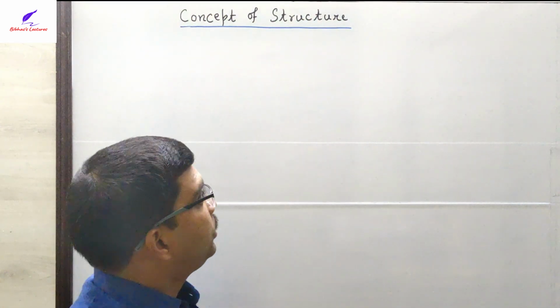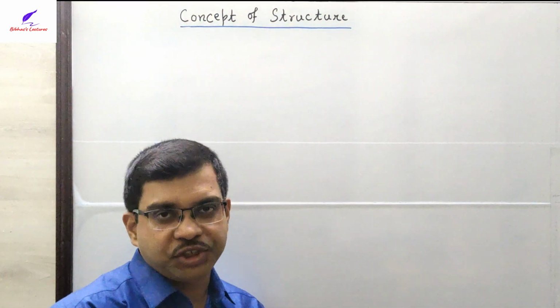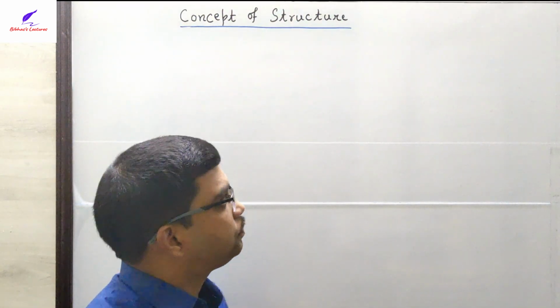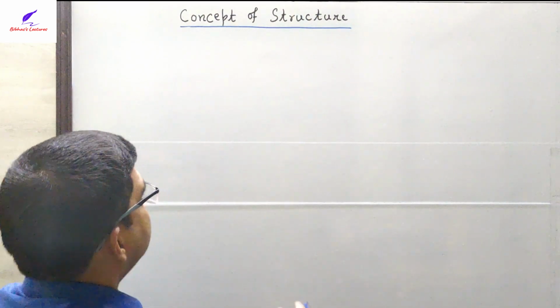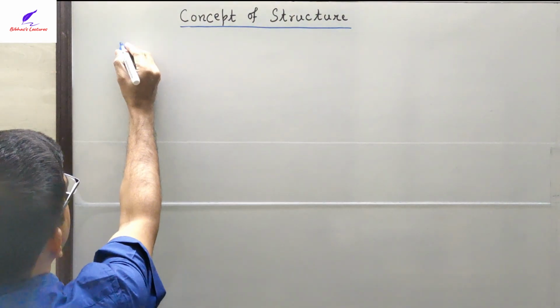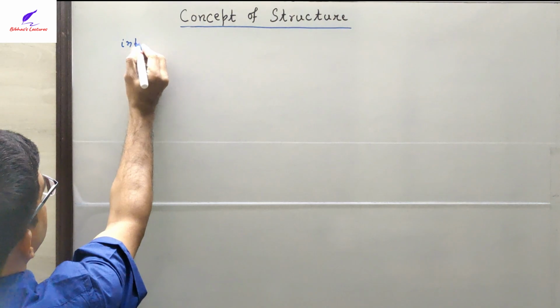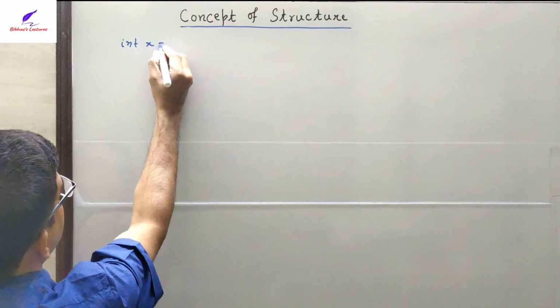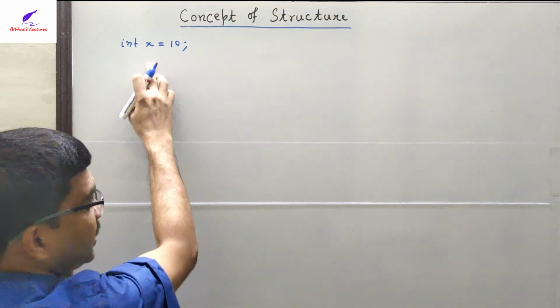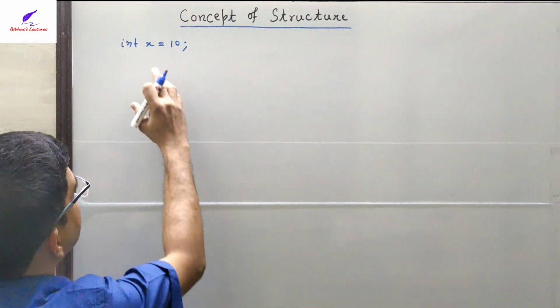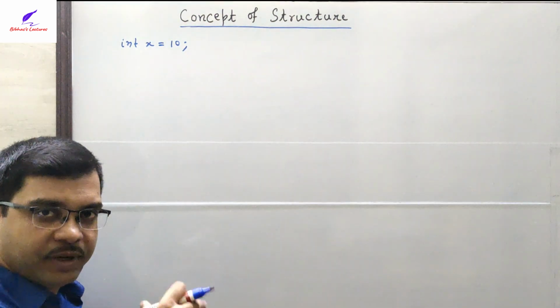Before going to the formal definition of structure, I want to tell you something. For example, look at the board. I have declared an integer variable x and initialized it with the value 10.